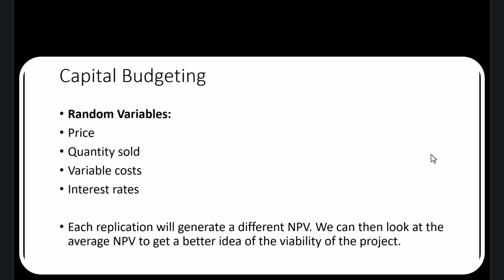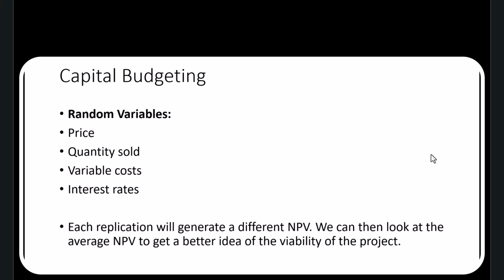So if we happen to be doing capital budgeting, some of the random variables might be the price we charge for the goods, the quantity sold, variable cost might change randomly, and interest rates. And we allow all of these variables to change based on their mean and standard deviation. So we're not changing one variable at a time, like only price.